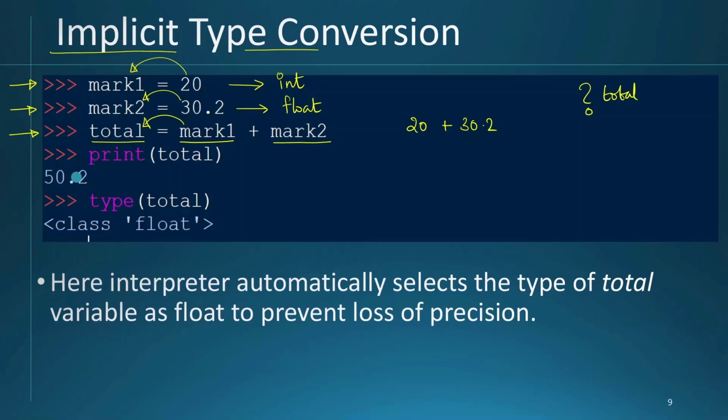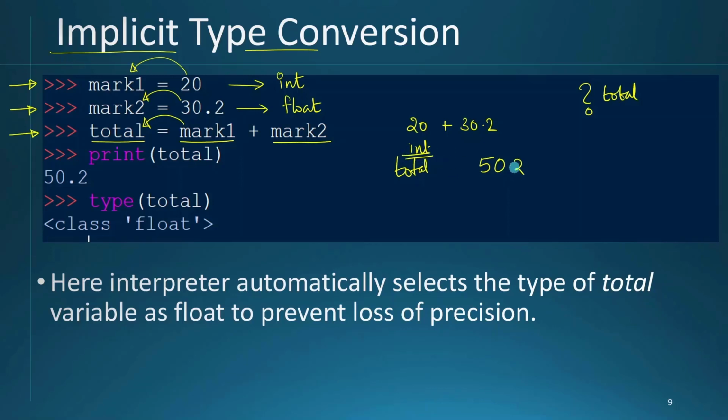Python has a default rule in this. Always Python will select the higher precision data type. So what do you mean by precision? For example, if I add 20 and 30.2, you know the result is 50.2. If I make the data type of total equal to int, then what is the problem?